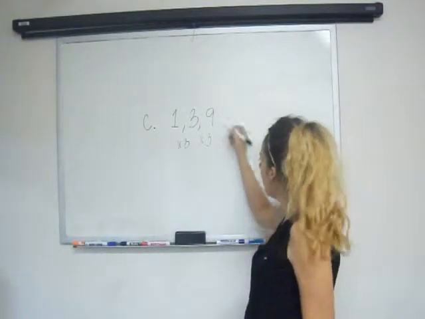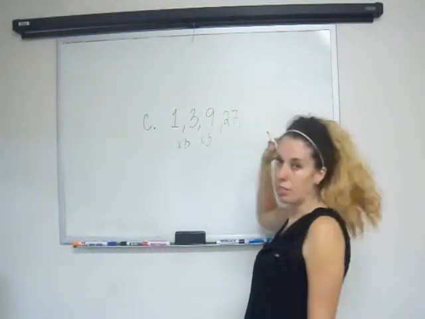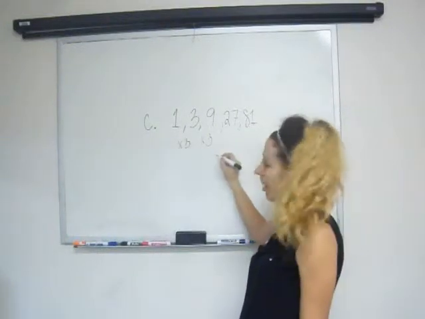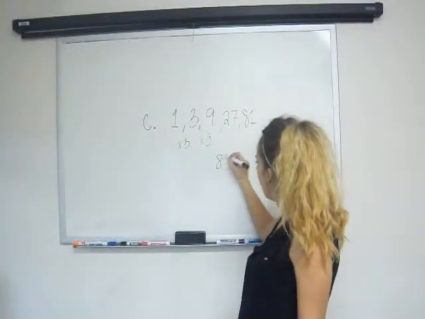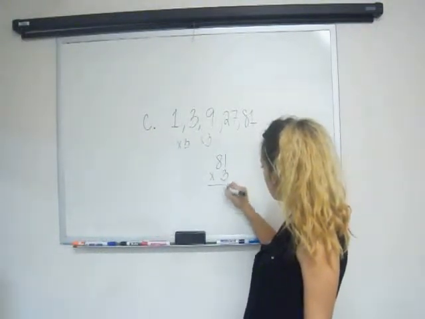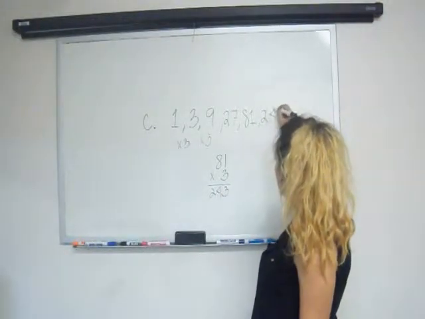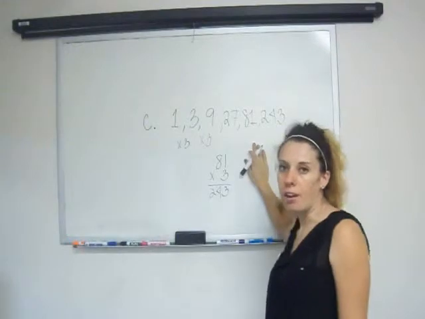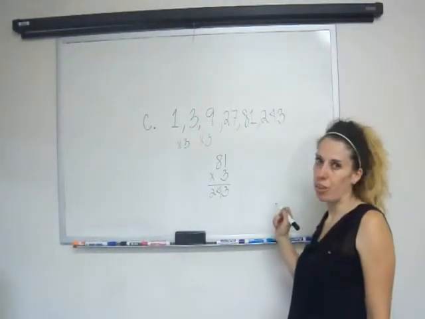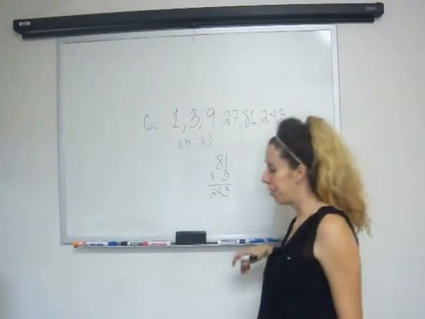So 9 times 3 is 27, and 27 times 3 is 81, and 81 times 3, I can't do it in my head, so I'm going to do it on the board. 81 times 3 looks like it's 243. So we used the pattern of multiplying by 3 each time, and we were able to find the next 3 terms. Okay? We'll move on to example D.